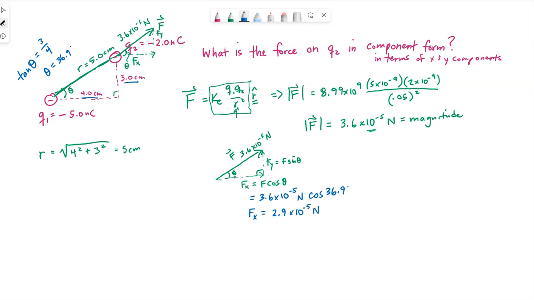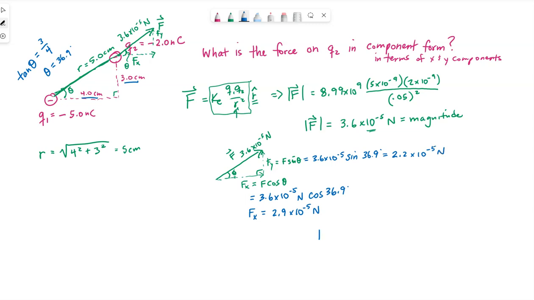The y component, I would put in the magnitude again, but now I'm taking the sine, so times the sine of the same angle. I'm getting 2.2 times 10 to the negative fifth newtons.